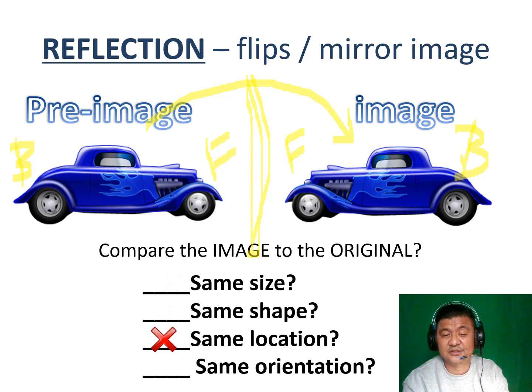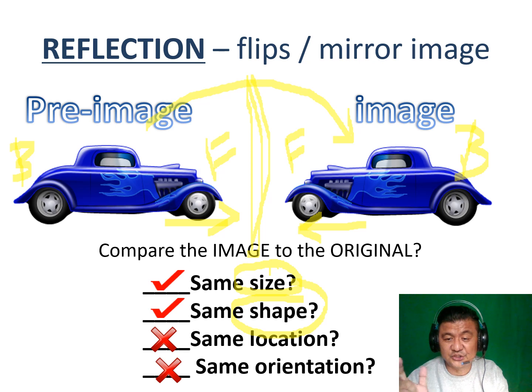Look at this car facing that way. On the other side, it's facing this way. Look at the direction now. See that? The front is over there. Therefore, not the same orientation. So remember, every time there's reflection, you preserve the size and the shape.